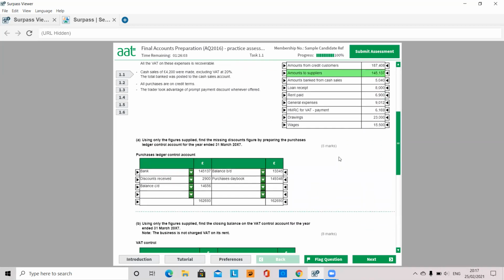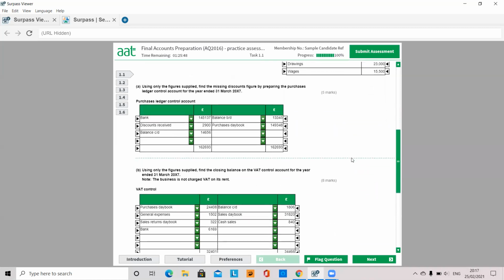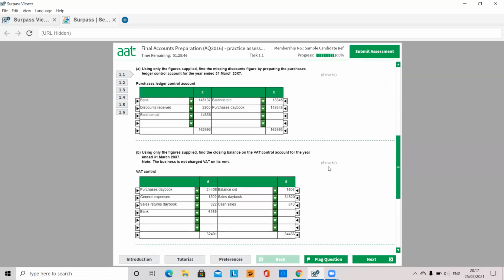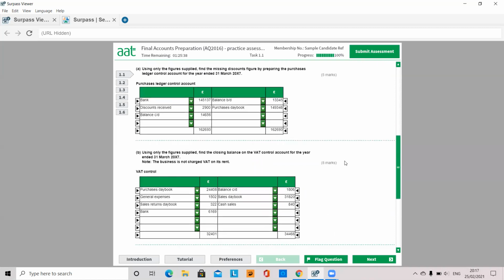It then tells us in here that we've paid VAT 6,169. So we've got a VAT payment of 6,169. Okay, so credit bank, debit the VAT control account, which is what we've got here. So again, we've put all the information that we need. So therefore, we can now work out what our closing balance is. And again, it's just a process of elimination.